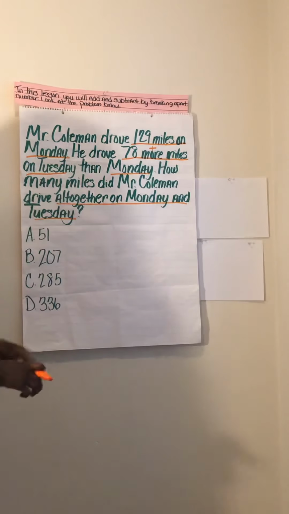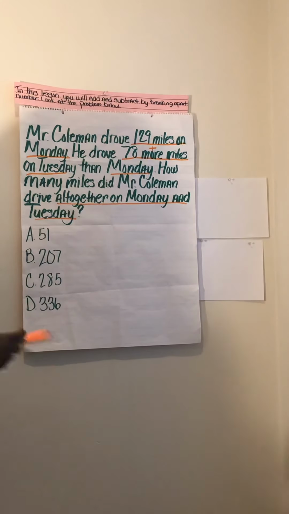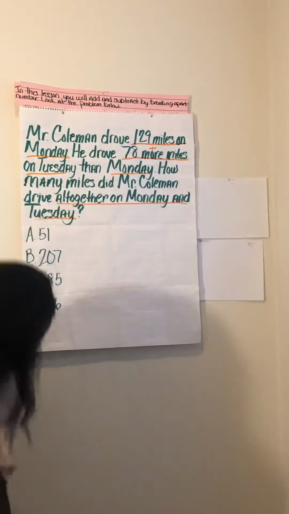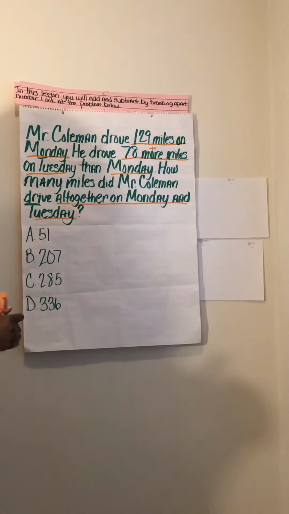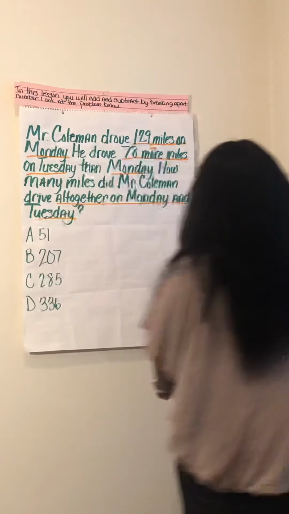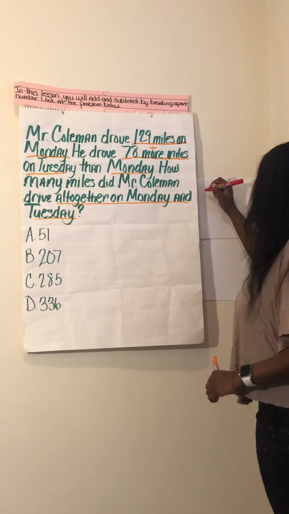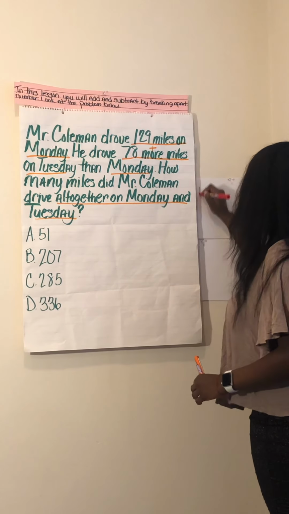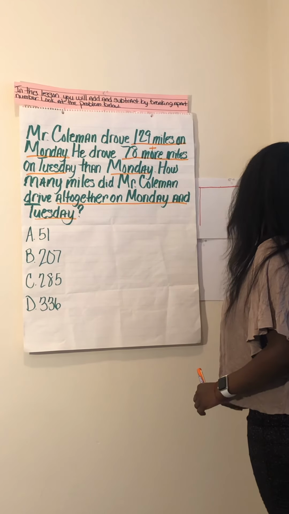So to solve this, I would like to use my tape diagram. In my tape diagram is where I'm going to try to figure out what exactly is missing. Right now, they want to know how many miles he drove altogether.